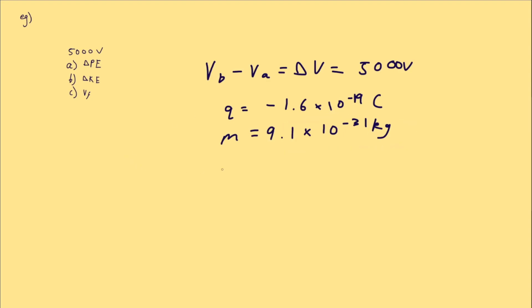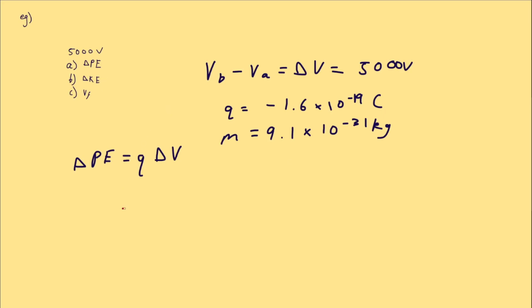Why this matters is because our formula, remember, is change in PE equals charge, change in V to get the energy change. That's what we're solving for here. So we need the charge and we need the change in V to find potential energy. Later on, mass is going to come into play for speed because obviously if your thing's heavier, it's going to be harder to go fast.